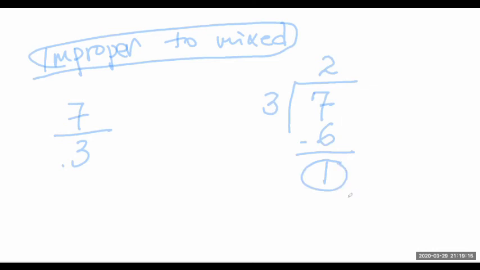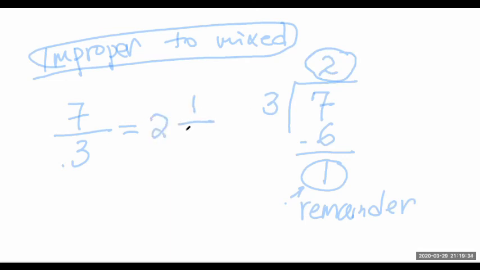Do you remember what this is called? Remainder. Good. So now we can write that this is our whole number. 2 and 1 over 3. We good?